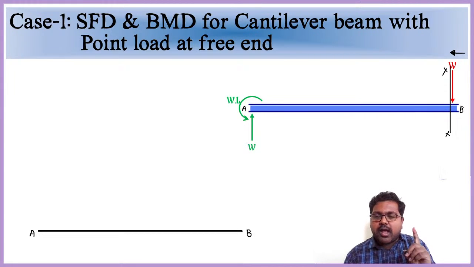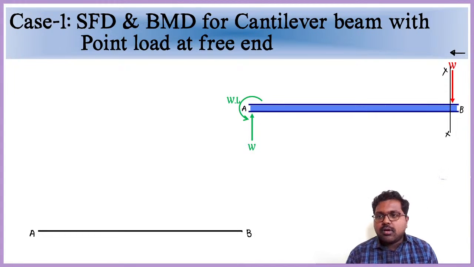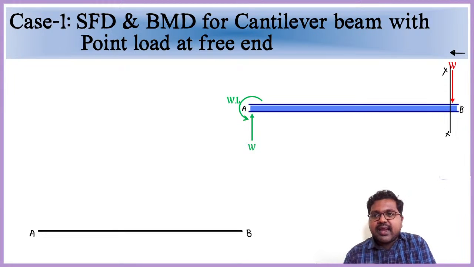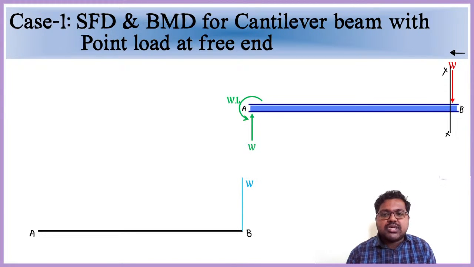Remember the third or fourth point in the important points: whenever there is the action of a point or concentrated load, the shear force will suddenly increase or suddenly decrease. So at point B it is 0, but if we consider the section immediate left, then on the right-hand side there is an increase in load. So suddenly it increases to W. So the shear force at B increased to W.